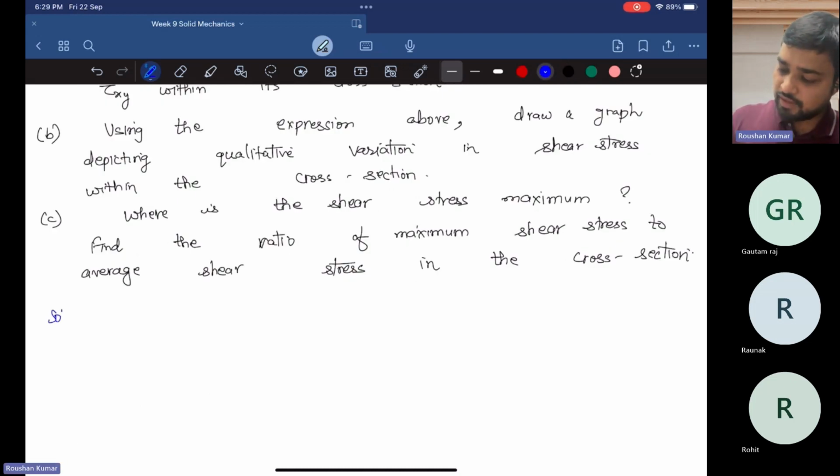So first we have to find the variation of shear stress. So first I will draw an I section.